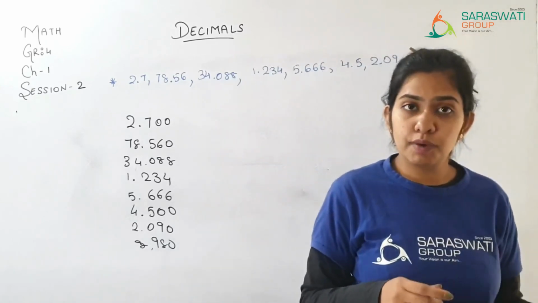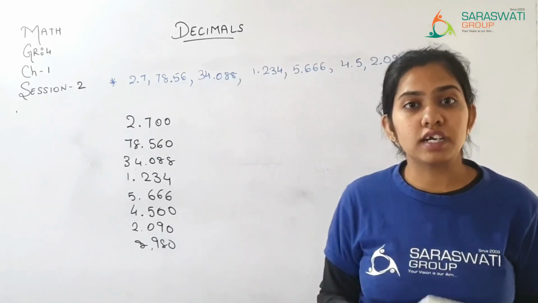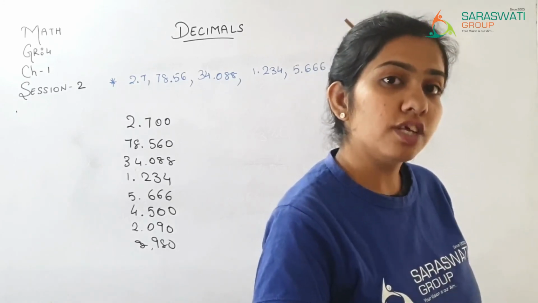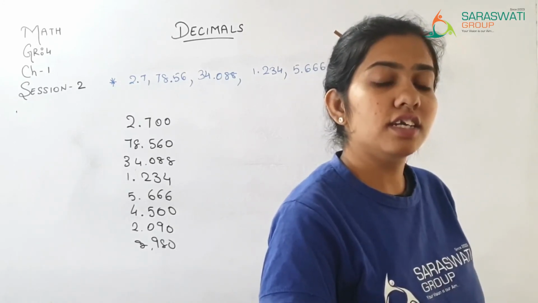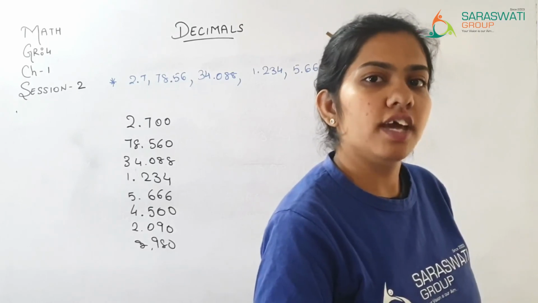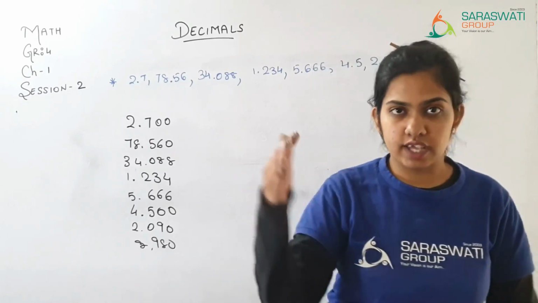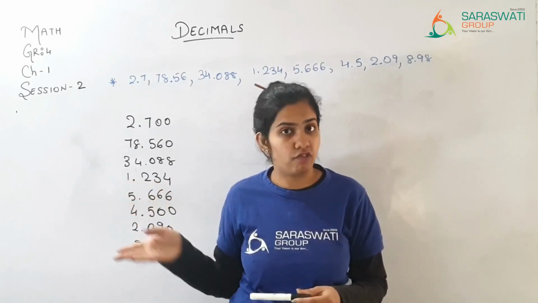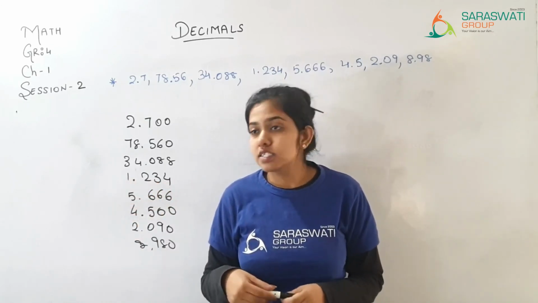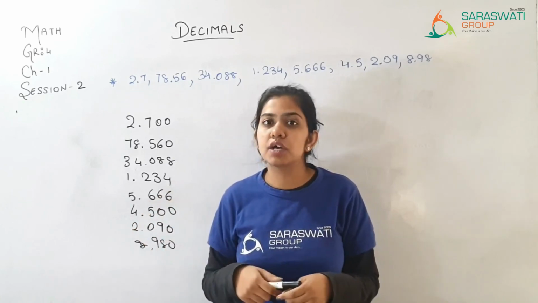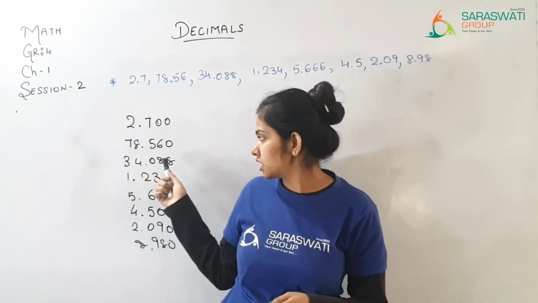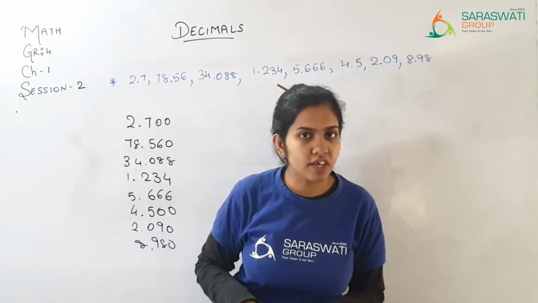Then if the shaded part is given, we have written that part as fractional and decimal numbers. Then if a fraction is given, we have written it in decimal or in shading. And then we have made groups of like decimals, and how we can convert unlike decimals into like decimals by adding 0, that we have seen.